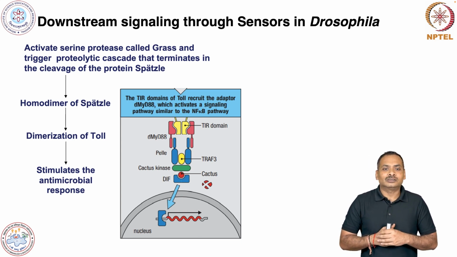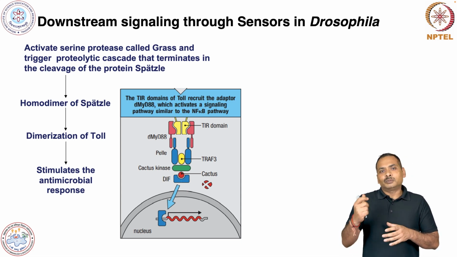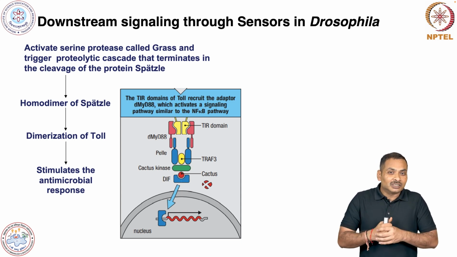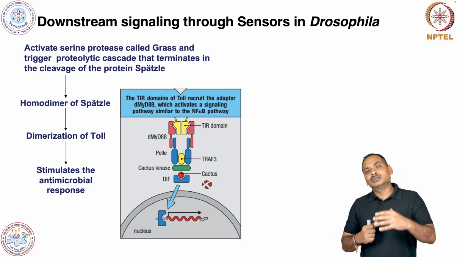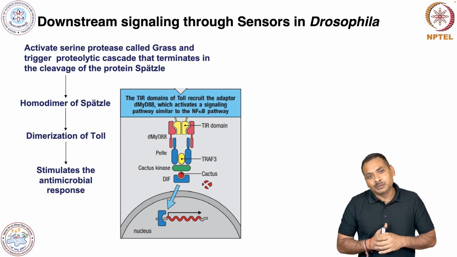This Cactus is like I kappa B in NF kappa B signaling, if you have studied. So NF kappa B is a transcription factor which is generally present inside the cell in bound form with I kappa B, okay.